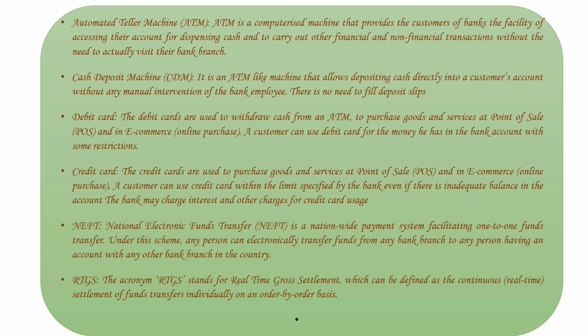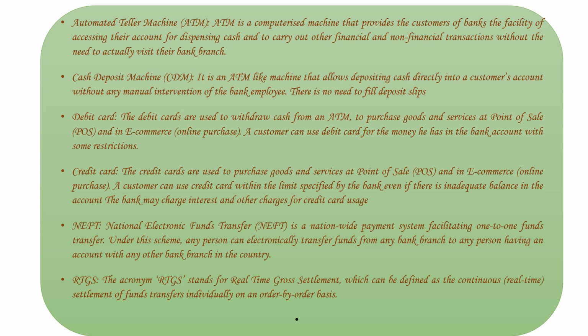NEFT, National Electronic Funds Transfer, is a nationwide payment system facilitating one-to-one funds transfer. Under this, funds are transferred electronically from any bank branch to any person having an account. The bank or branch need not be the same. RTGS is called real time gross settlement.